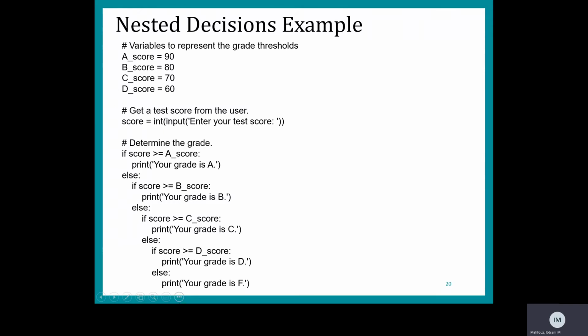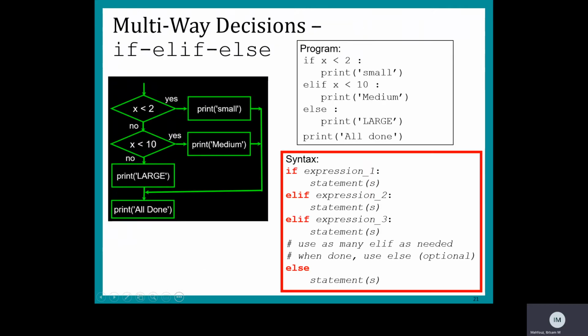And so what Python has and other programming languages also have is something called the if, elif, else. So elif is short for else if. So basically here you're saying if x is less than 2, do something. Otherwise, do another check. So this is a combination of an else if.